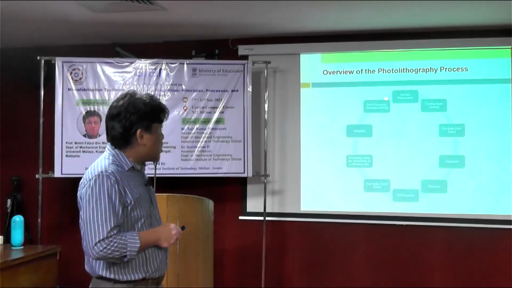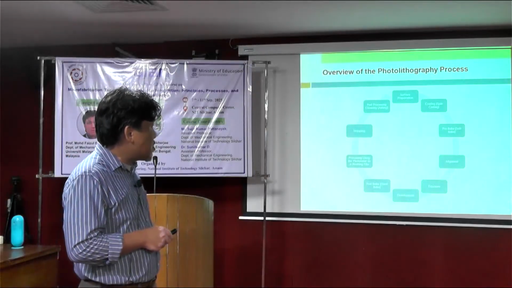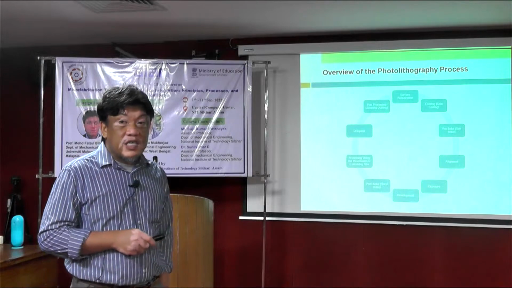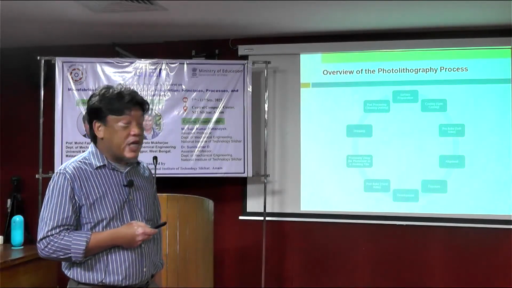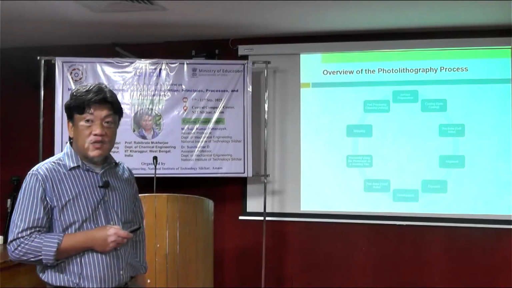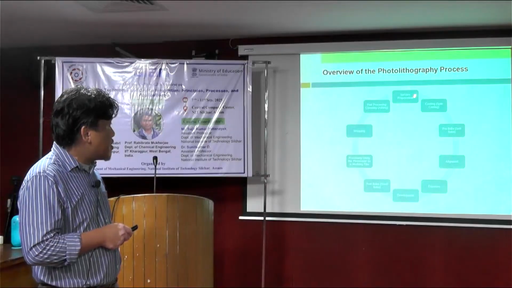So in the process of photolithography, you have to go through a certain process sequence. Basically, the sequence has to be followed accordingly in order to obtain a good transfer of pattern onto a substrate. So here you have surface preparation.